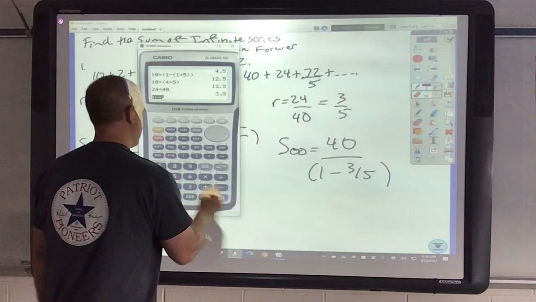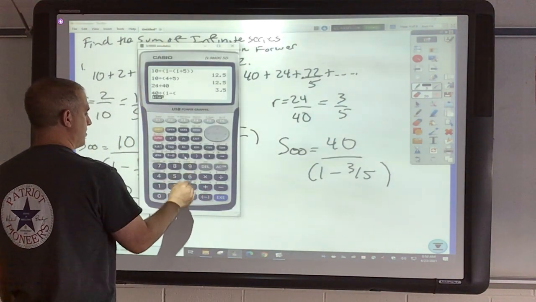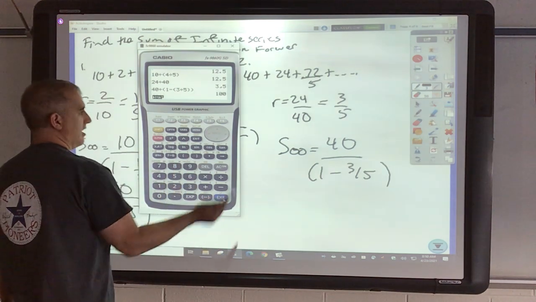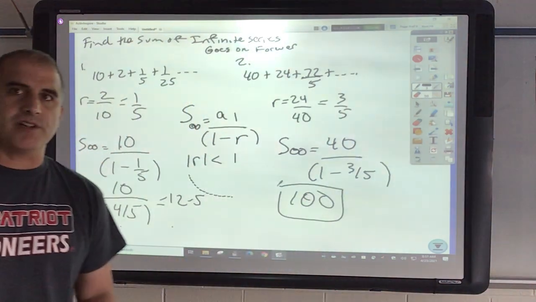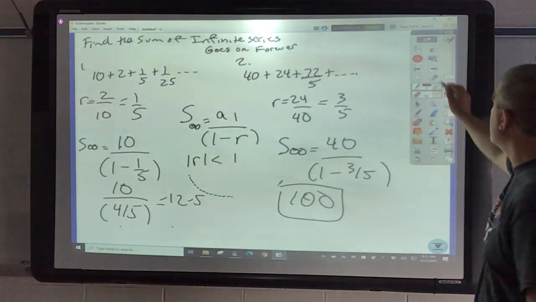Okay, so 40 divided by 1 minus 3 divided by 5, double close. All right, 100 would be the sum. Okay, so infinite series, pretty easy. The ratio just has to be less than 1, absolute value of that.